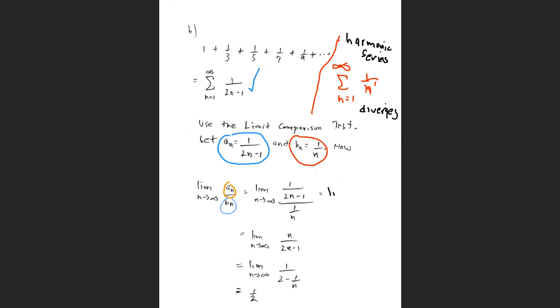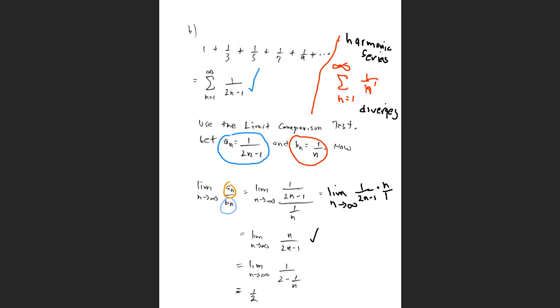This would be the limit as n goes to infinity of 1 over 2n minus 1 times n over 1. And that gets us here.